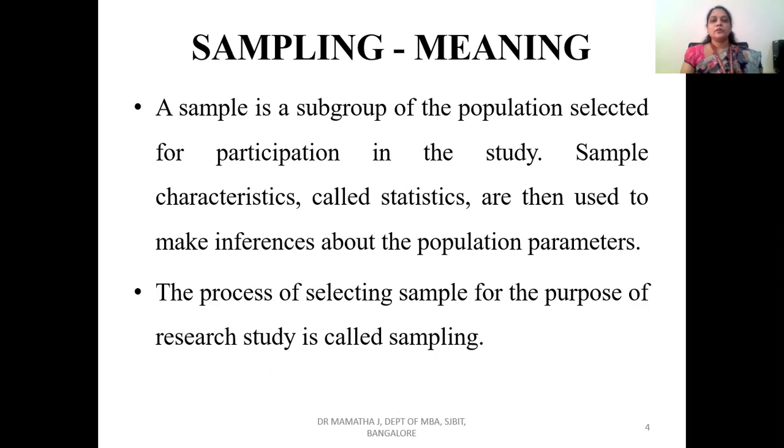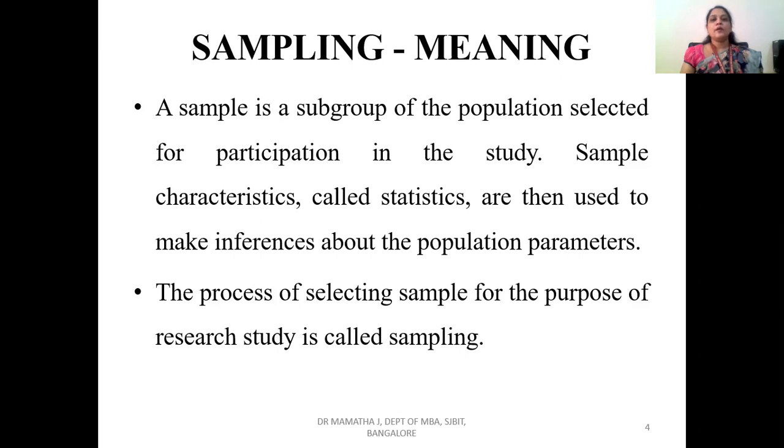But what you can do is select a few employees who will be the true representatives of the population as your sample, and do the survey. It will make your job easier, and it will be easy to generalize the findings to the rest of the population. That is the reason the sampling process is conducted.